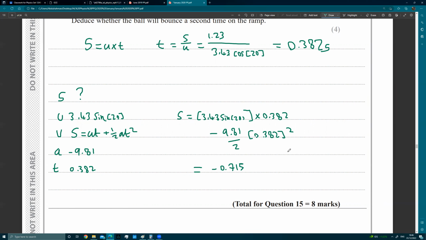So let me do it again then. Did you do 0.382 squared? So I got negative 0.715. That's VAR for you, I'm right.